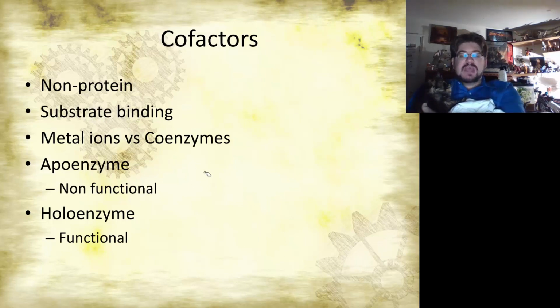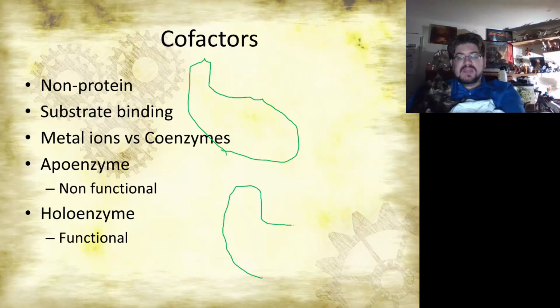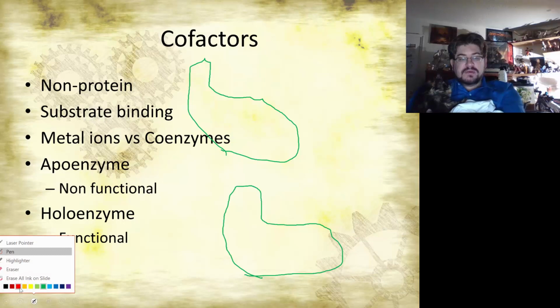So an apoenzyme is our enzyme right here, non-functional. Active site isn't specific. It won't bind, won't catalyze. And then when you have the complex of the enzyme and the cofactor, then you have the holoenzyme.